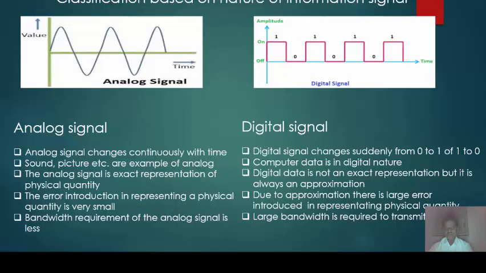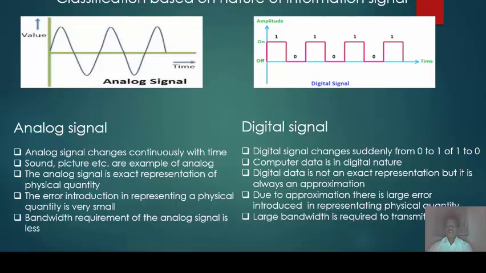So this is the difference between digital and analog signals. When we represent a physical quantity with an analog signal, the error present in the analog signal is very small.